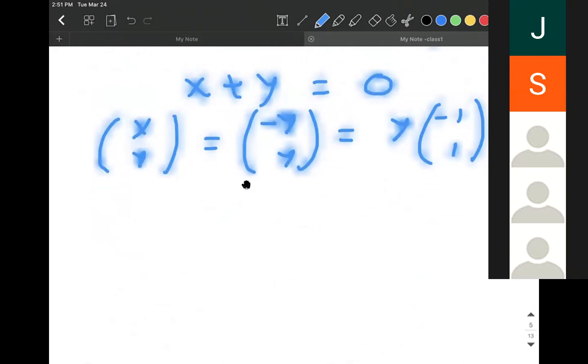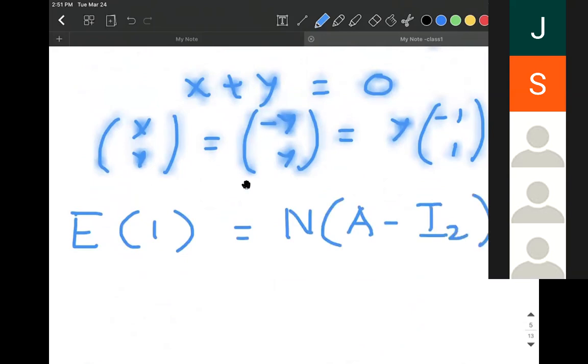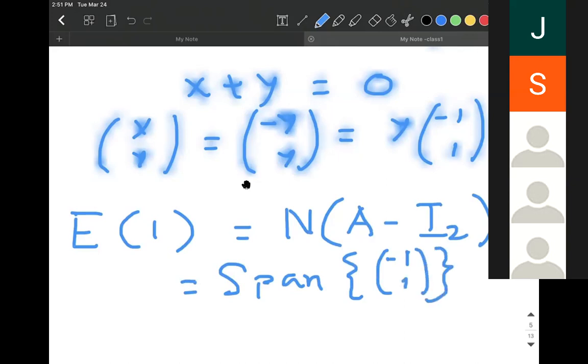Okay, so what it means is that the eigenspace of 1, given by the null space of A minus I2, is the same as the span of this vector.